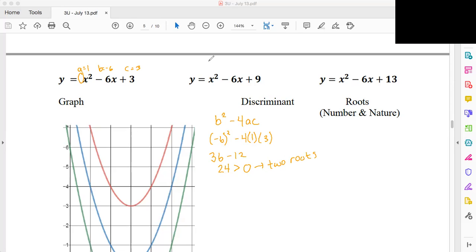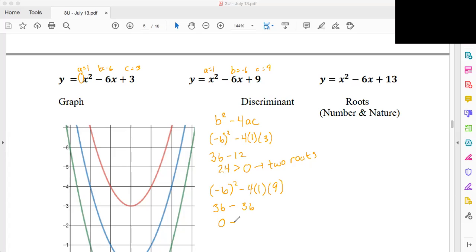Okay, for this one, our a value is 1, our b value is -6, and our c value is 9. So this is our second one. We're going to do the same thing. -6 squared minus 4, 1, and 9. -6 squared again is 36. 4 times 1 times 9 is 36.